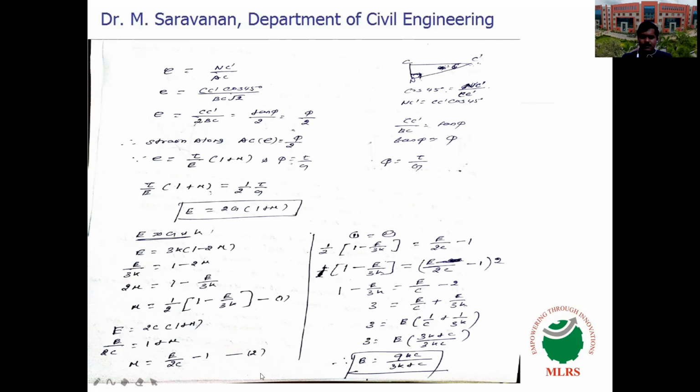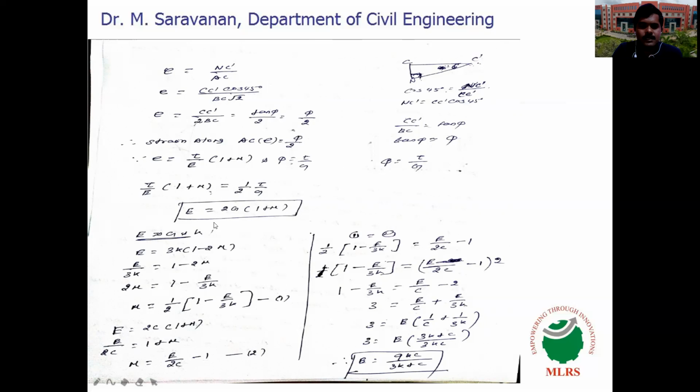So this is the relation between E, C or G, and K. E equals 9KG divided by 3K plus G, or E equals 9KC divided by 3K plus C. Previously we derived E equal to 3K into 1 minus 2 mu.